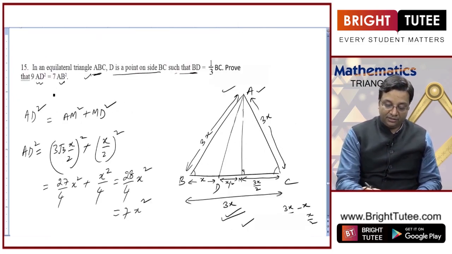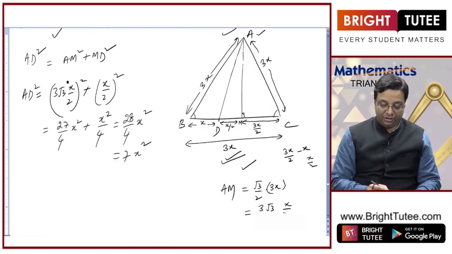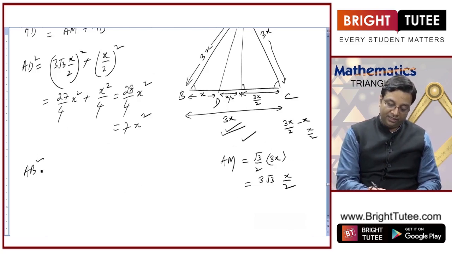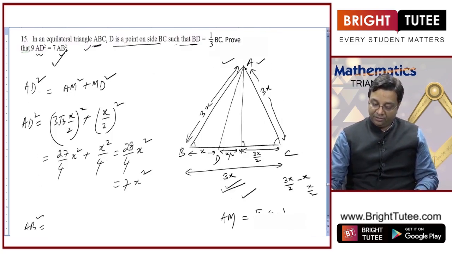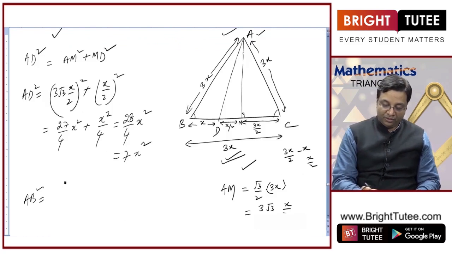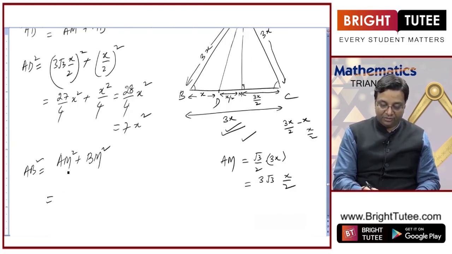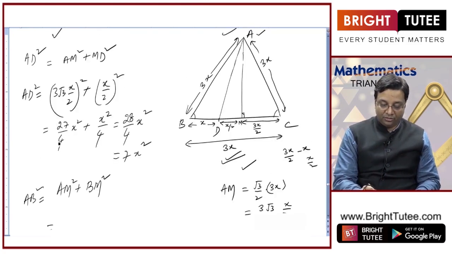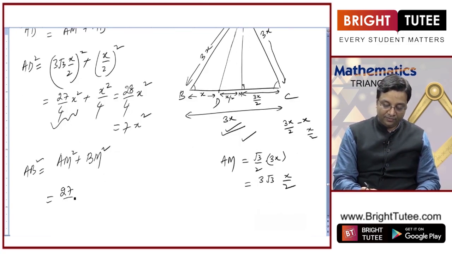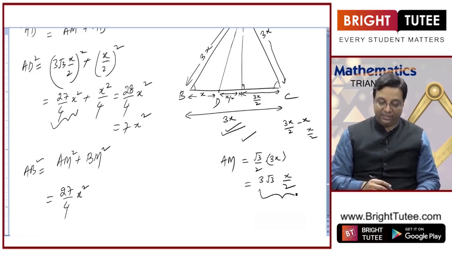Now, other thing I need is AB square. So, AB square is equal to AM square plus BM square. What is AM square? AM square we already know is 27 by 4 x square, right, because AM is 3 root 3 x by 2, plus BM square.